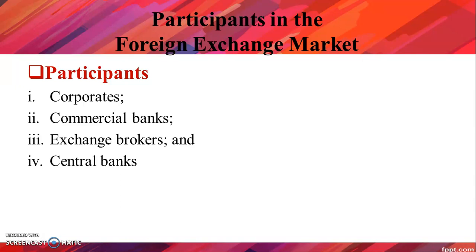Exchange brokers tend to specialize in certain exotic currencies, but they also handle all major currencies. One of the major reasons central banks enter the foreign exchange markets is to influence the exchange rate. For example, if the Indian rupee is falling, the RBI may intervene to provide support to the rupee.